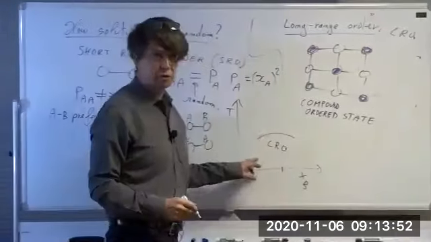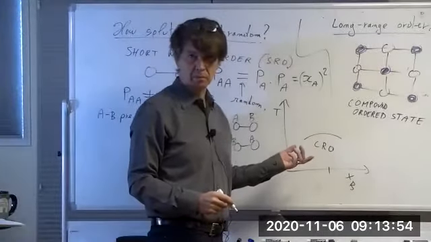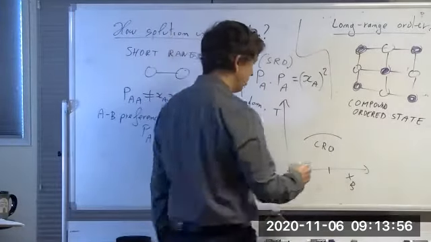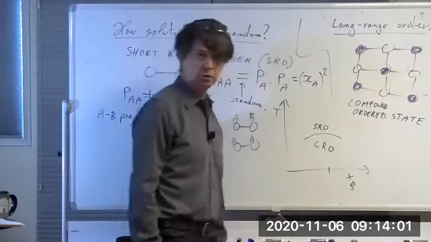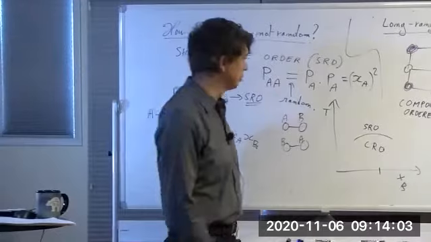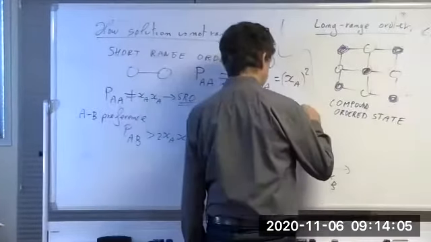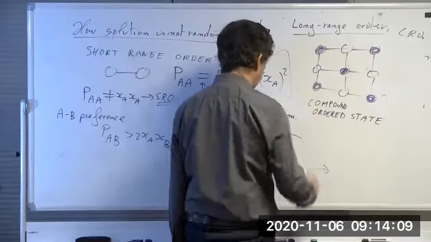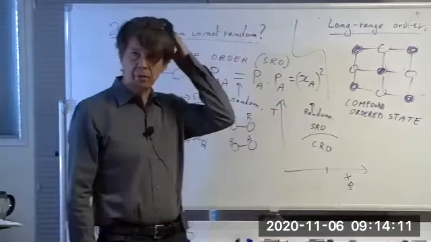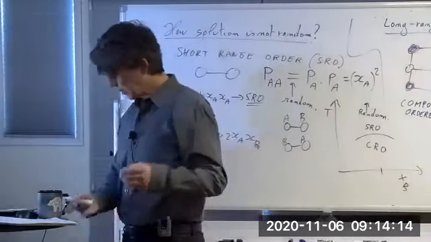There would be a discrete phase transformation to the solid solution state, but the solid solution state would first still display energetic preferences. So you would have a short range ordered solid solution state. And then if you go to really high temperature, you would become random, because at very high temperature, all energetic preferences disappear, right? They play out.